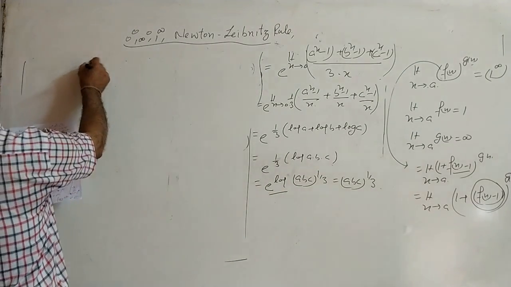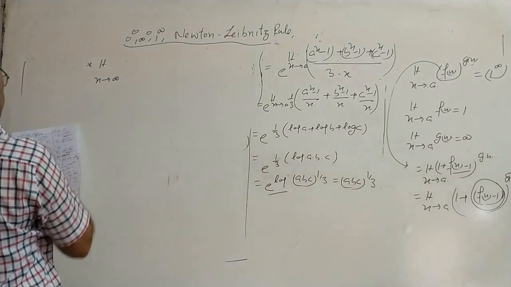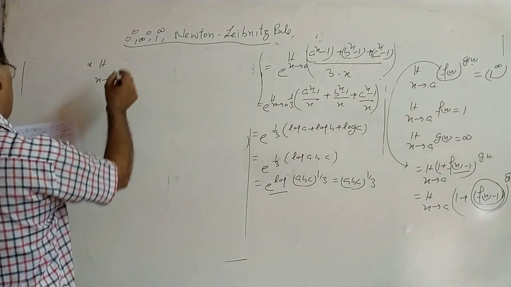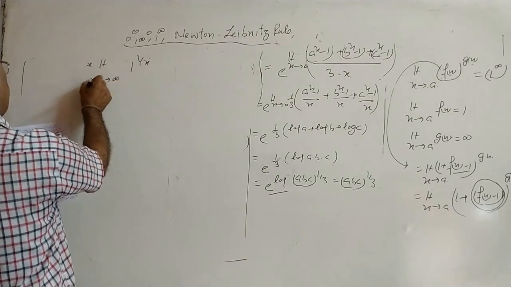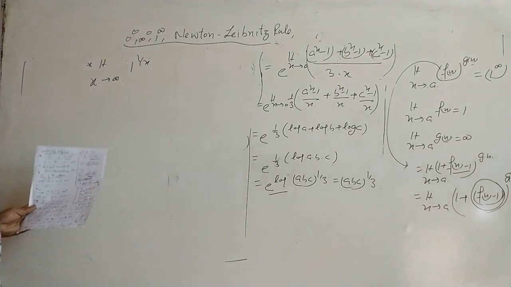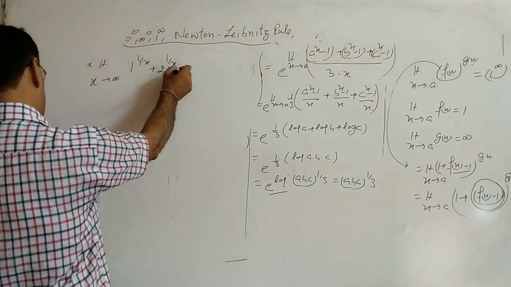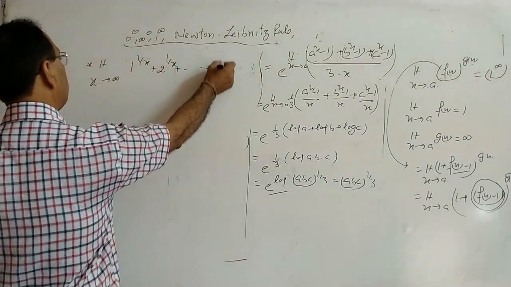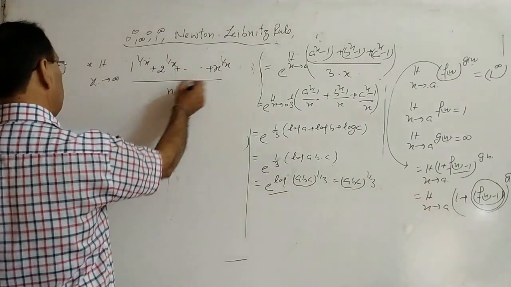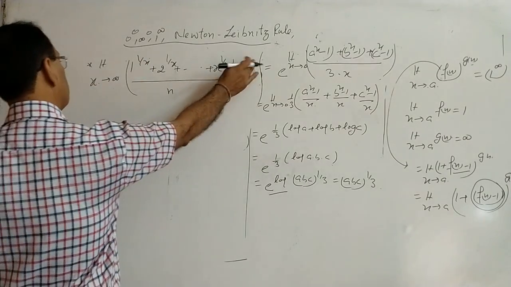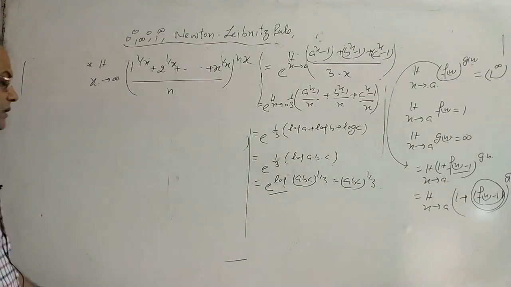Limit x approaches to infinite, 1 raised to power 1 by x plus 2 raised to power 1 by x, and going in this way n raised to power 1 by x, and whole divided by n, and its power is also nx. We are given like this.